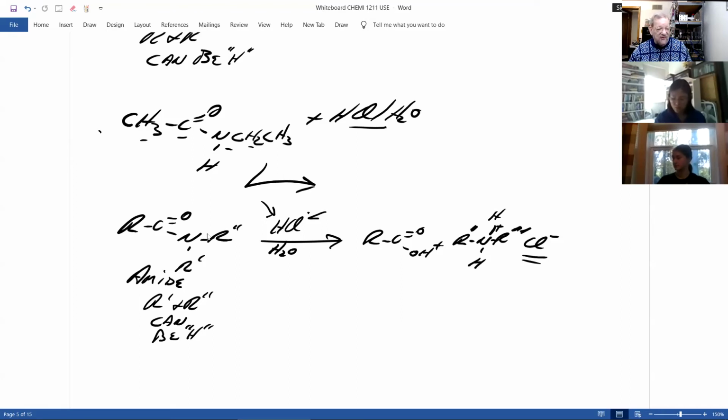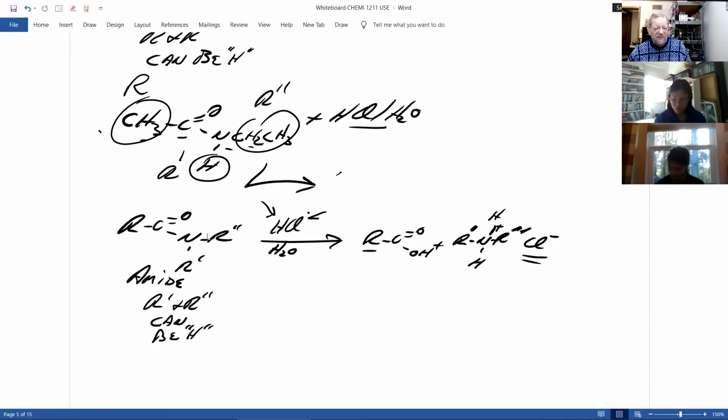So let's take a look at this. Here's my R group. I'll call this R prime. It doesn't matter which of these you call R prime and R double prime. So my R group will be here, and my R prime, I can say is hydrogen.